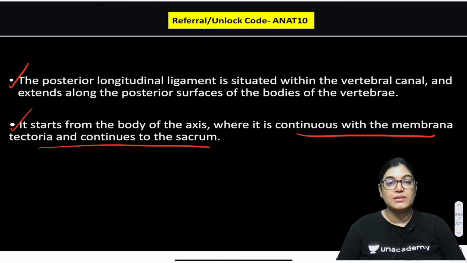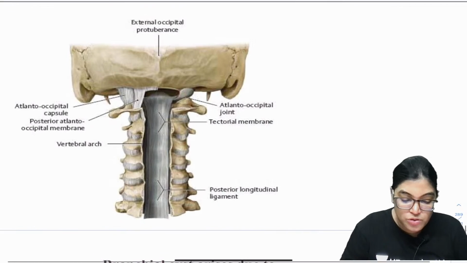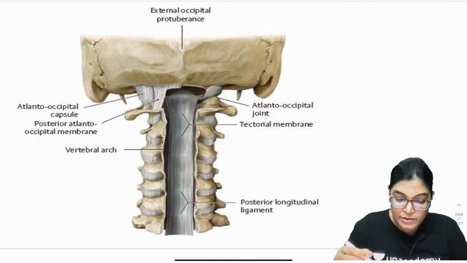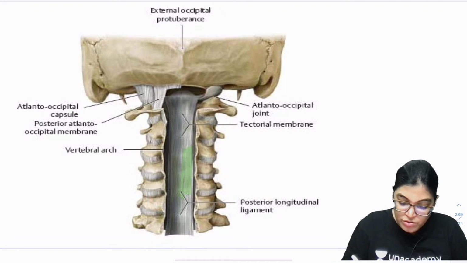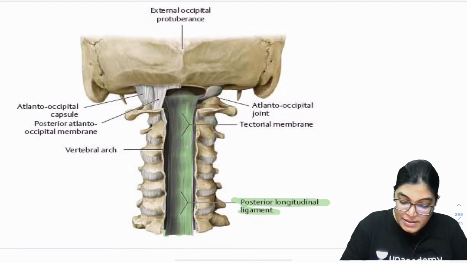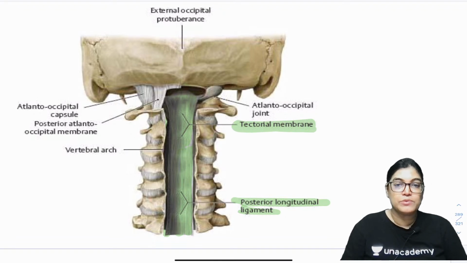I would like to show you this diagram where you can see the membrana tectoria. This is the posterior longitudinal ligament, and on the upper aspect it continues as the membrana tectoria, the tectorial membrane.